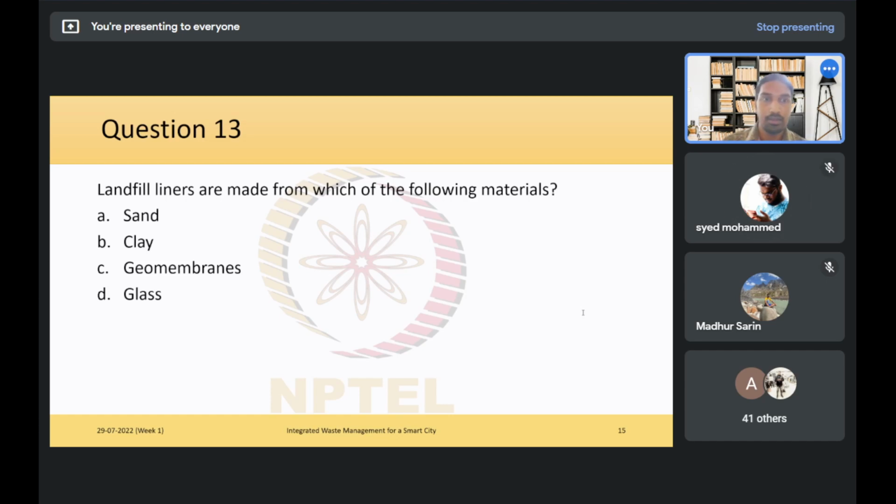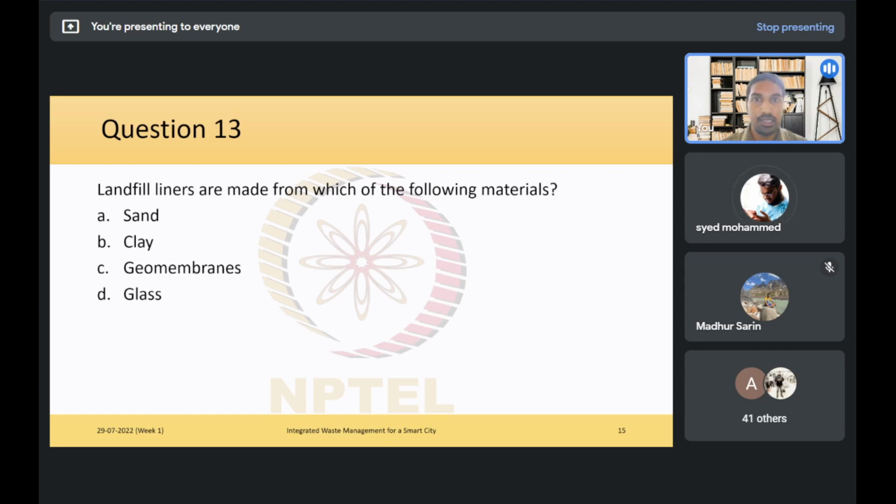All right. So the next question is about the liner material, right? For the landfill liners, which of the following materials are used? Option A is sand, option B is clay, option C is geomembranes, and option D is glass.